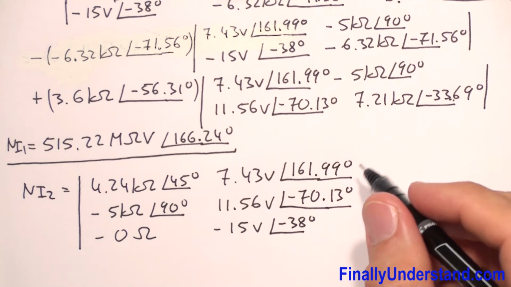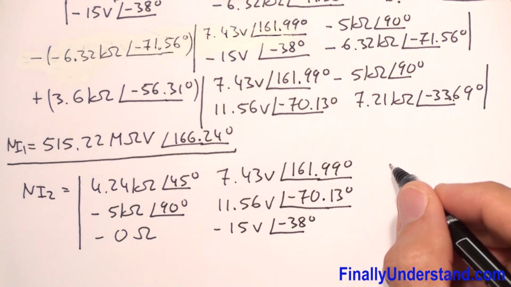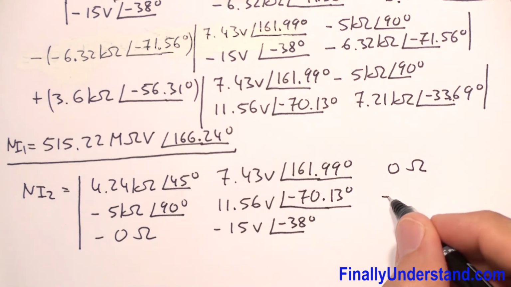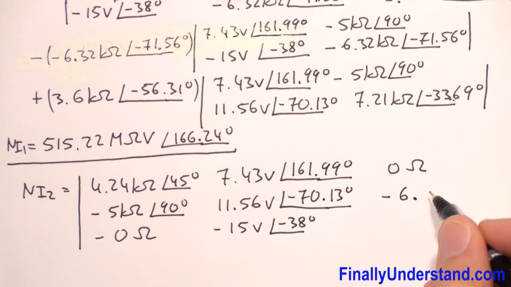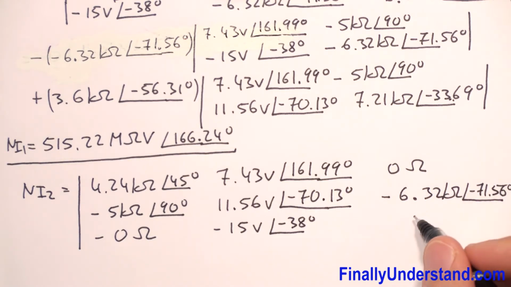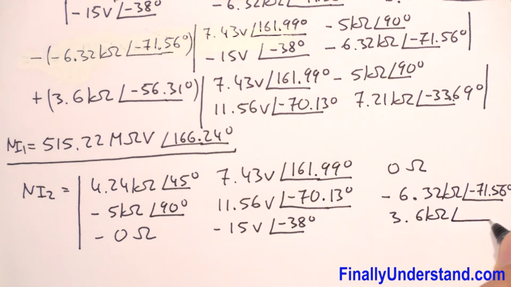Next, we're supposed to copy the third column, which is equal 0 ohms, negative 6.32 kilo ohms, an angle of negative 71.56 degrees, and I have 3.6 kilo ohms, an angle of negative 56.31 degrees.